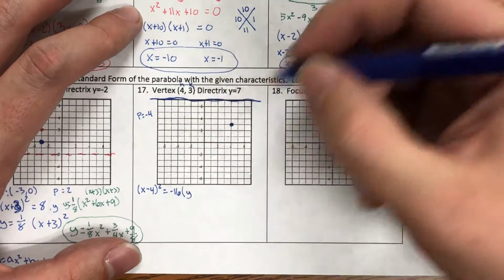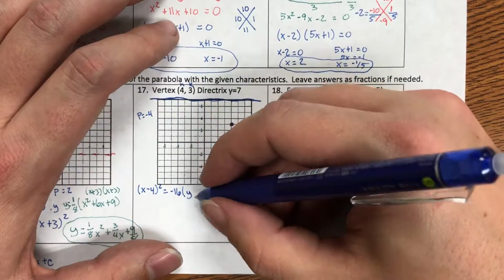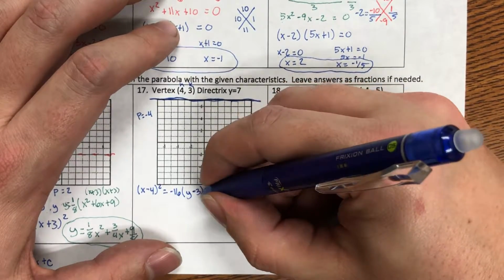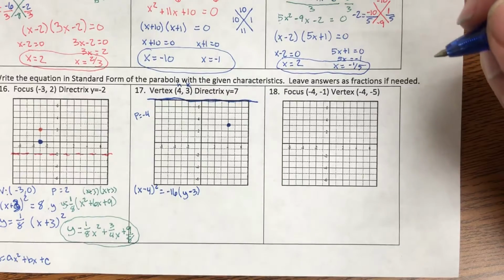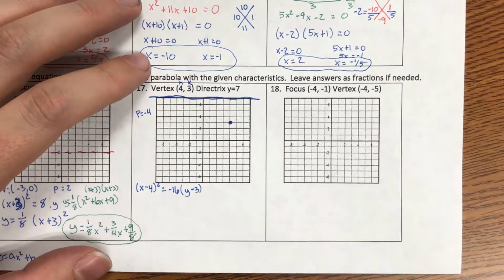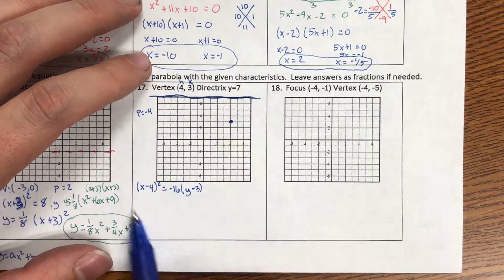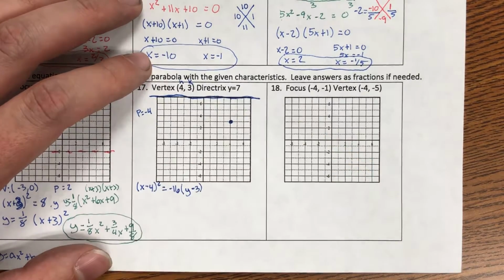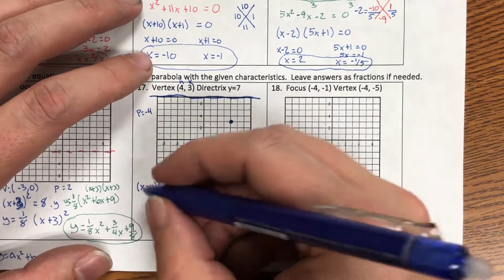And then I have y minus 3. To get this into vertex form, I divide both sides by -16.